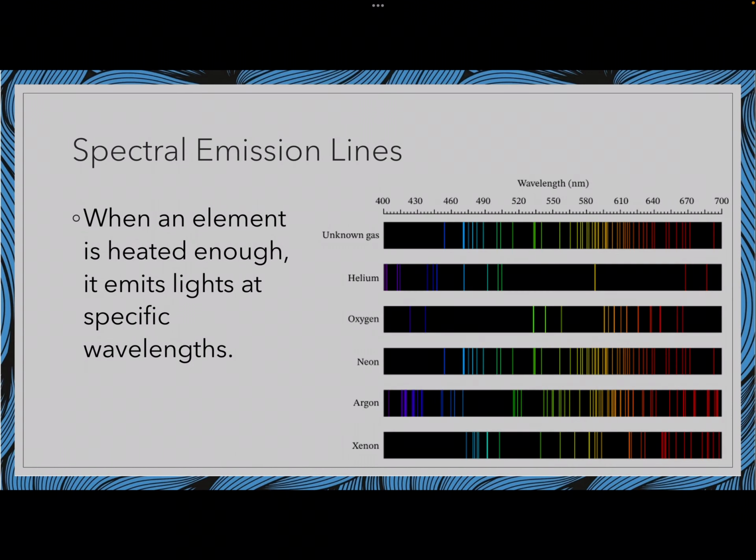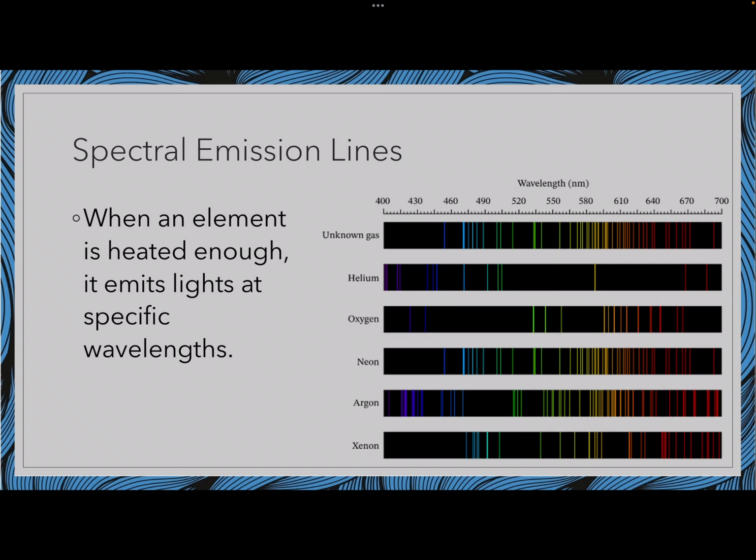Now, with our spectral lines, when an atom's heated up enough, we get these very specific emissions at certain wavelengths. Not all of them are super strong. Some are stronger than others, but each of them is specific to the element that's being heated.